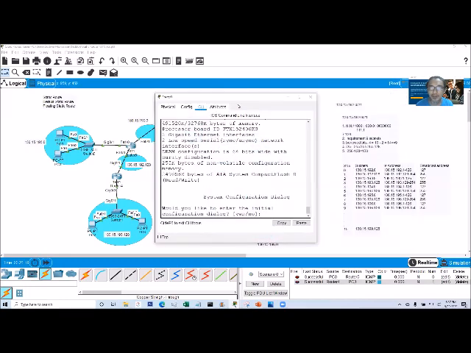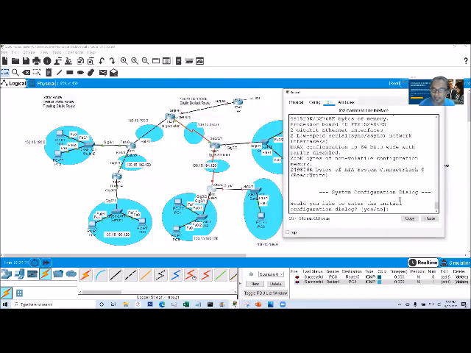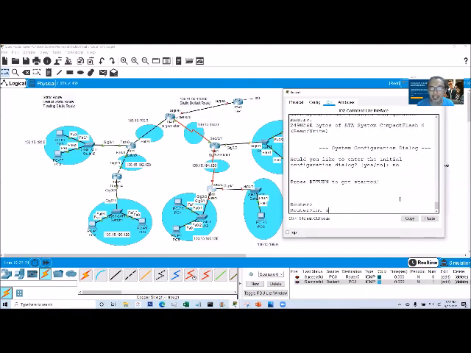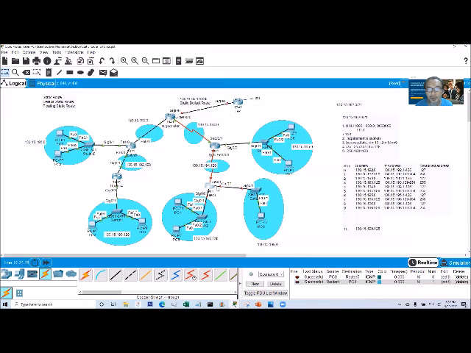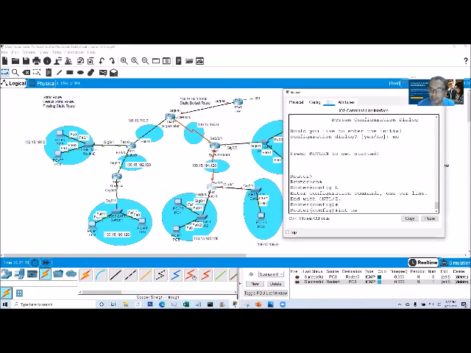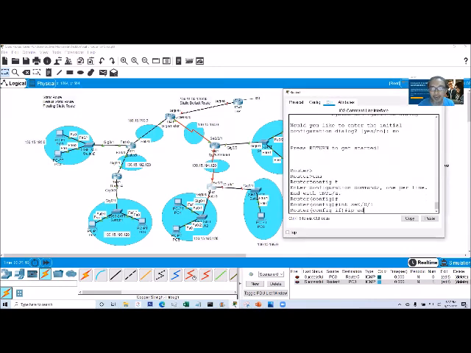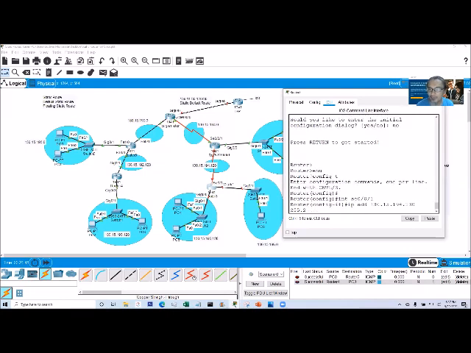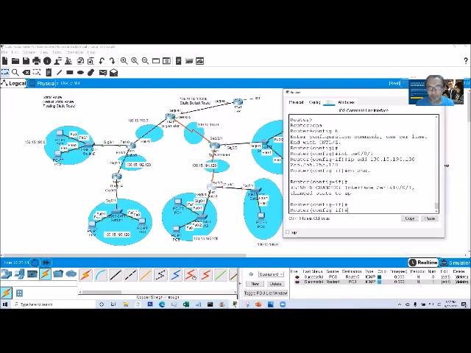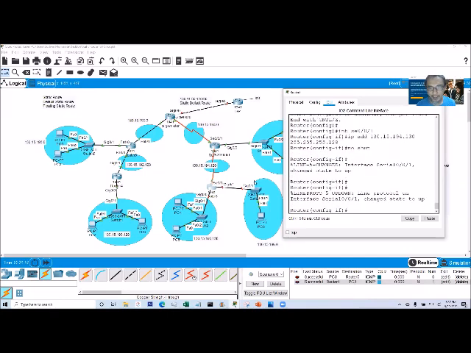We go to the next router here and configure the interfaces. So int Se0/0/0, ip add 130.15.194.130 255.255.255.128. Enter, no shut. So the serial interface is already configured. Let's go to the two LANs.